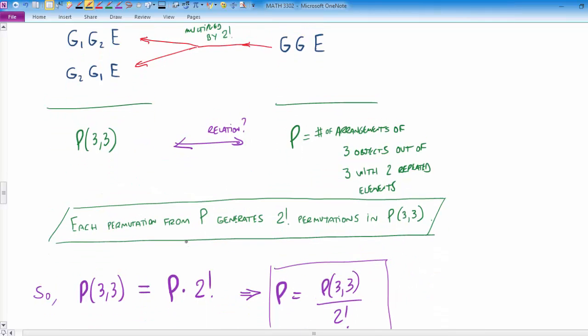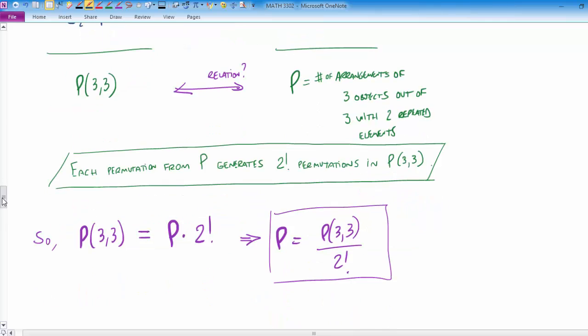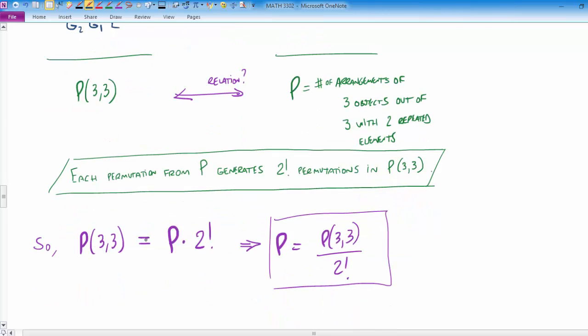Each permutation from P generates 2 factorial permutations that are included in P(3,3). So that is the relation: P(3,3) is P times 2 factorial. So notice once again we have this idea of eliminating the repetition.